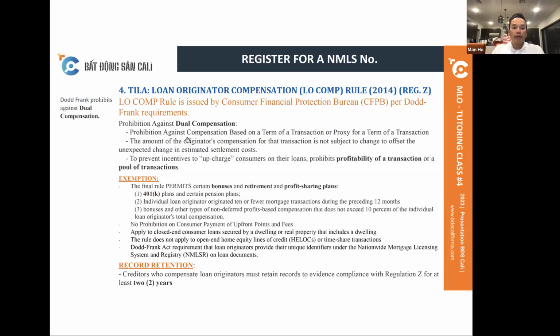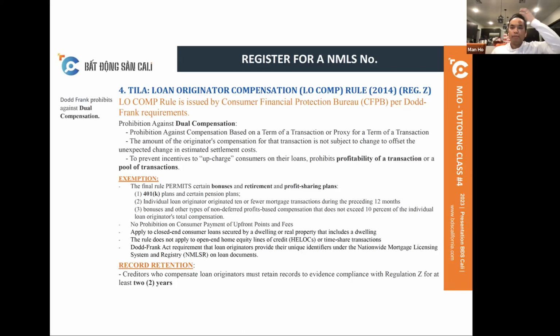It also prohibits compensation based on the term of the transaction or a proxy for a term of a transaction, meaning that you cannot get a commission by selling a higher cost term. The amount of the originator's compensation for that transaction is not subject to change to offset an unexpected change in estimated settlement cost.